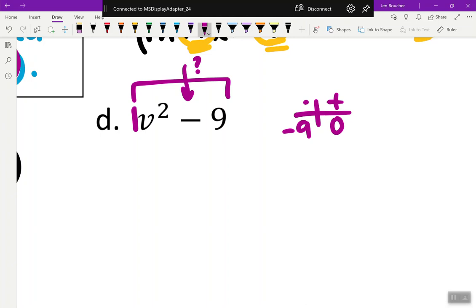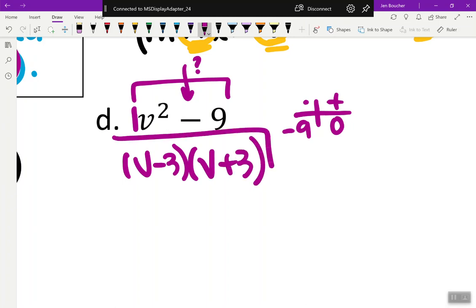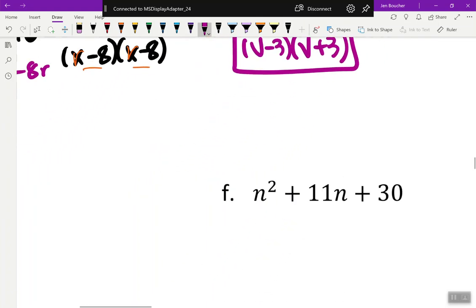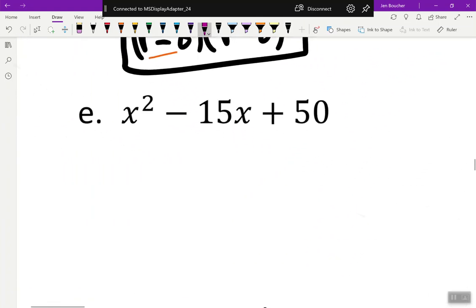Can I take the shortcut? Yeah. So my final answer is what? B minus 3 and B plus 3. Do we like the shortcut? Yeah. Good.